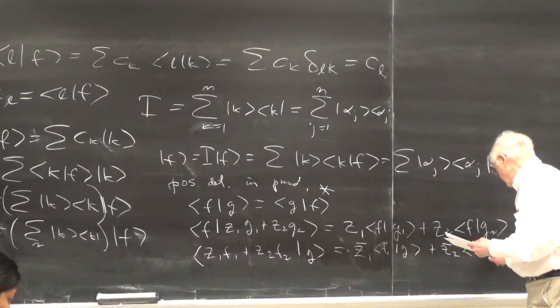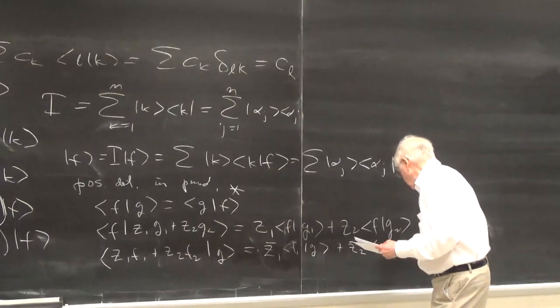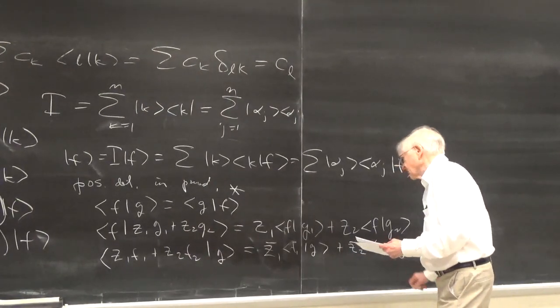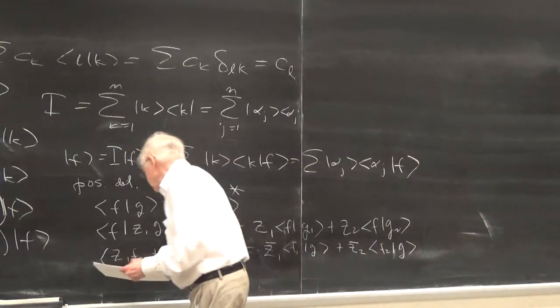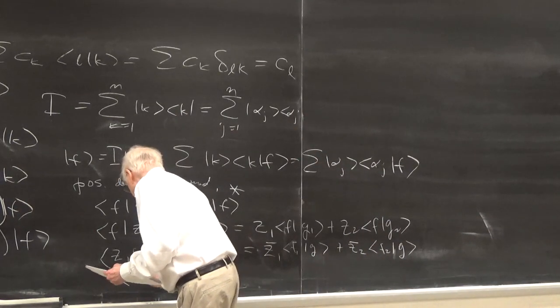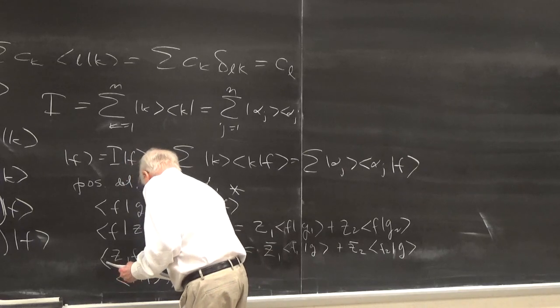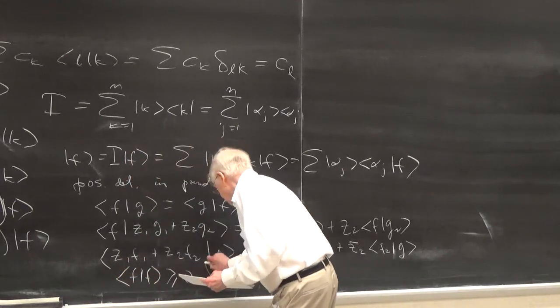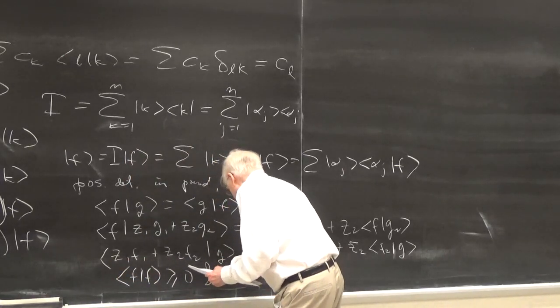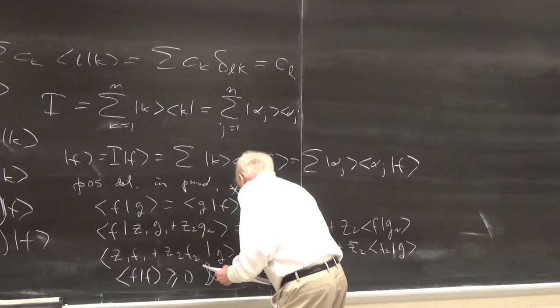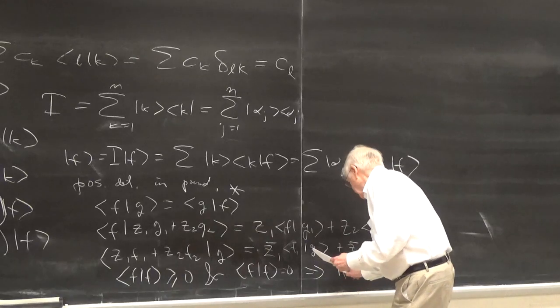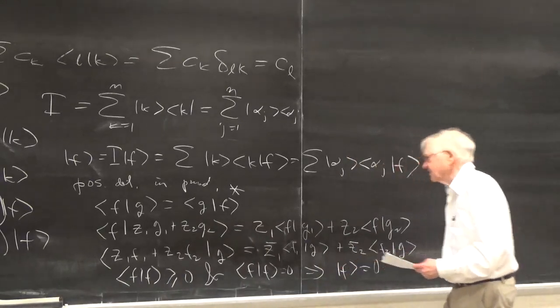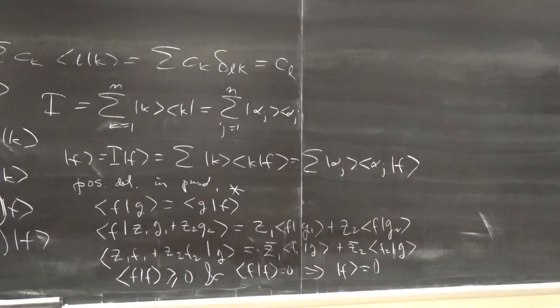And then the third, in Dirac notation, the last one, is that <f|f> is greater than or equal to 0, and <f|f> equal to 0 implies the ket f vanishes. Okay.